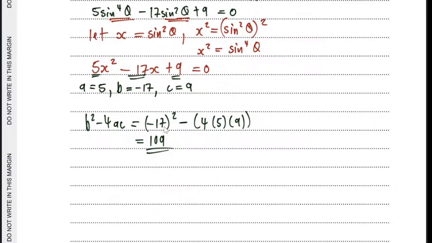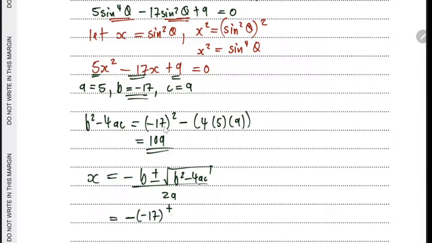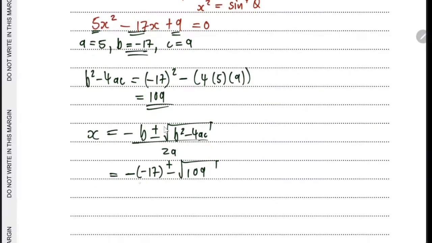Now we'll say x is equal to minus b plus or minus the square root of b squared minus 4ac all over 2a, which is minus of what is our b? Negative 17, minus of negative 17, plus or minus the square root of 109 all over 2a, which is 2 by 5. So there we go. It's 17 plus or minus root 109 all over 10.